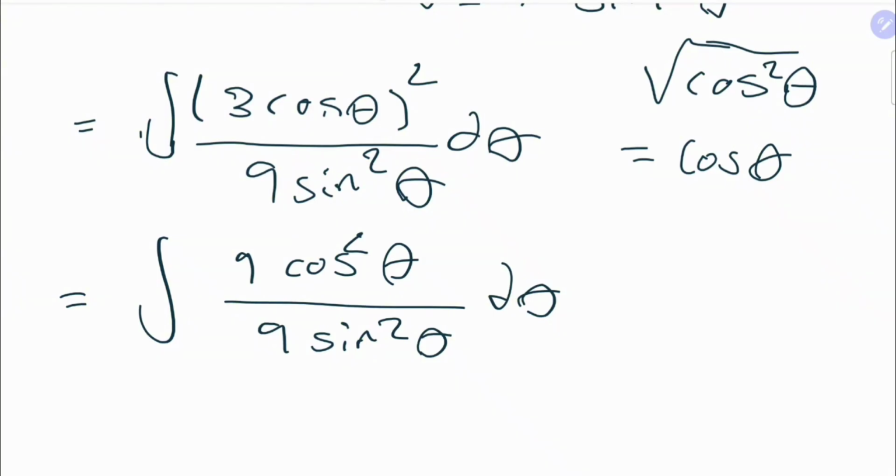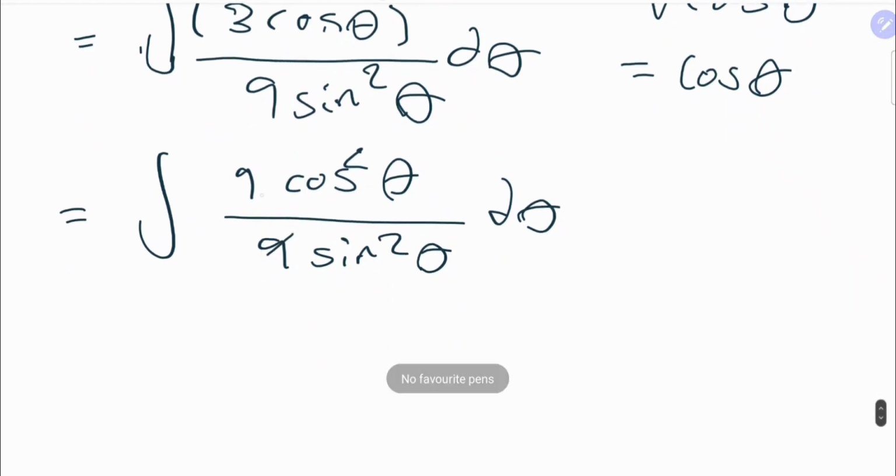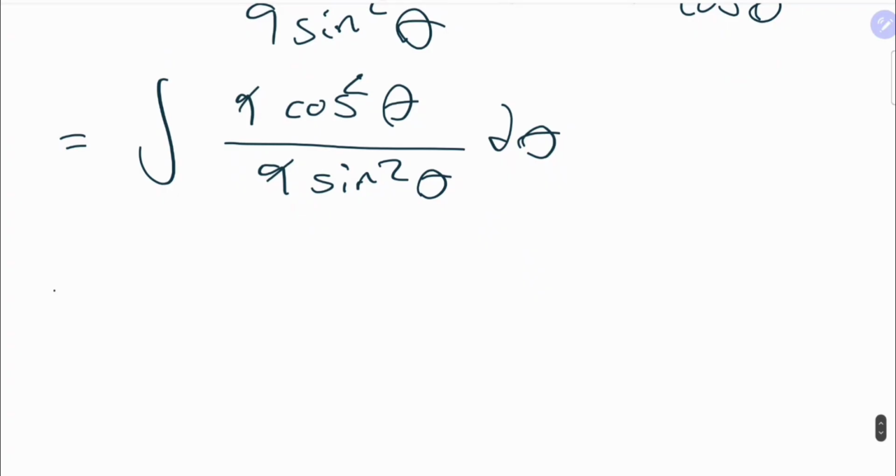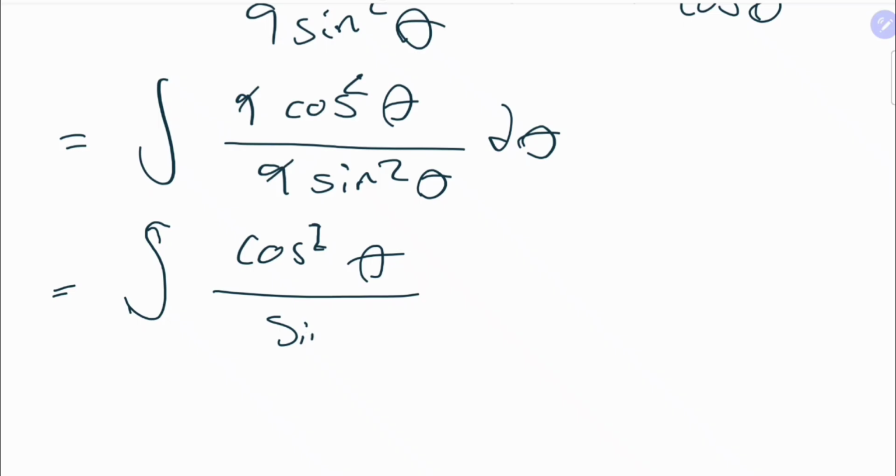So we can actually cancel them out. Okay? So we are left with the integral of cosine squared theta over sine squared theta.